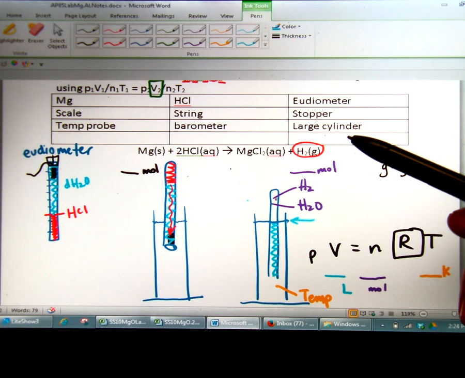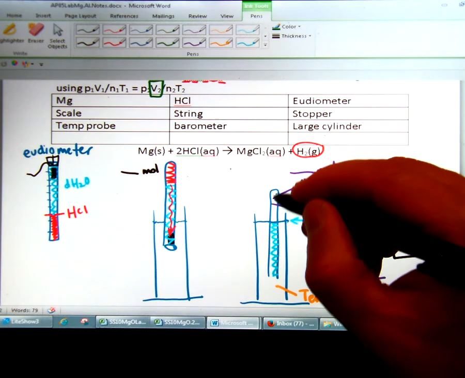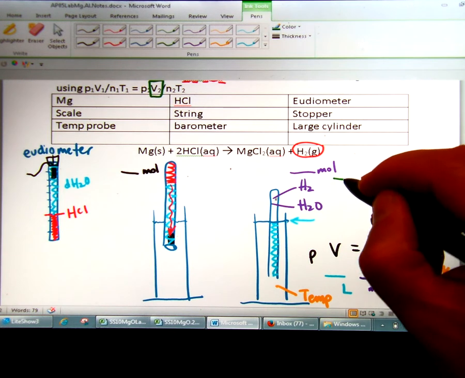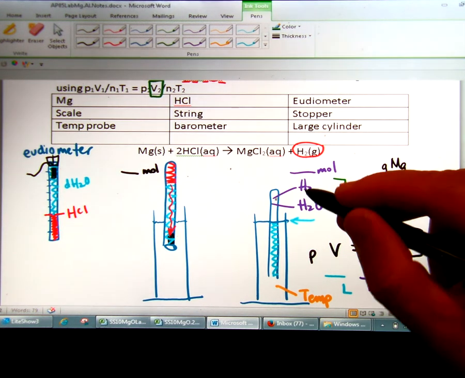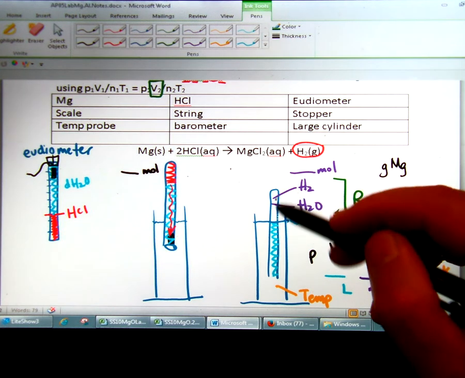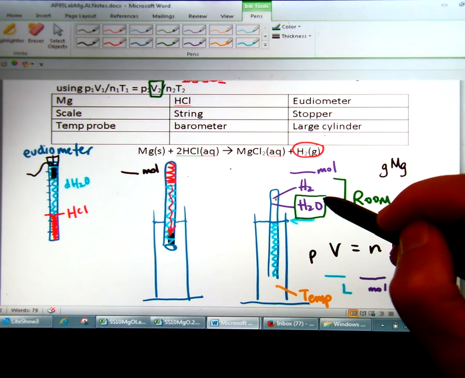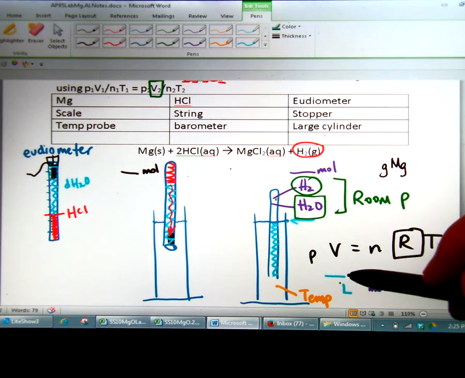However, the difference is that the inside pressure has two gases. It has the hydrogen and the water vapor. So what you're going to do is you're going to read the room pressure, which is like the total pressure inside here, because the outside pressure of the room is the same as the inside pressure of the eudiometer. But then, of course, you have to look up the vapor pressure of water and subtract that to get just the pressure of the hydrogen.